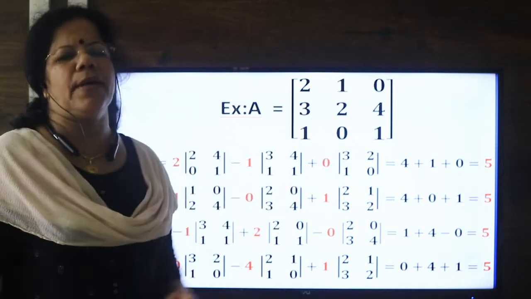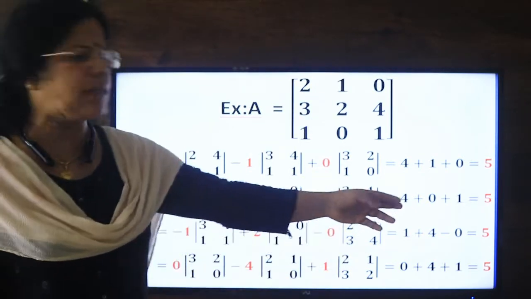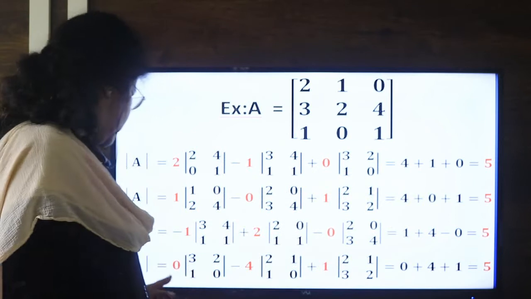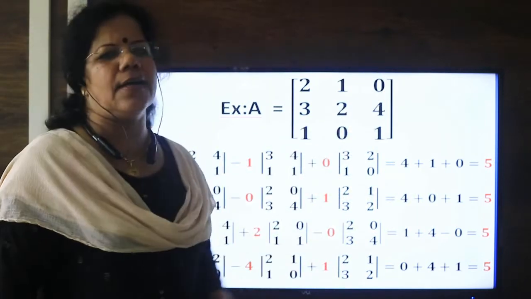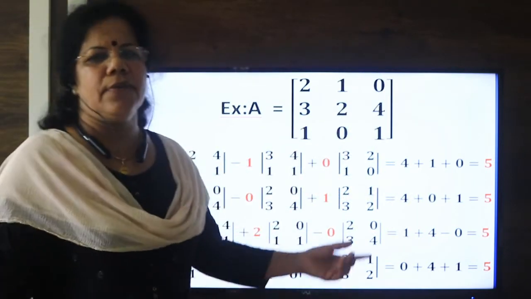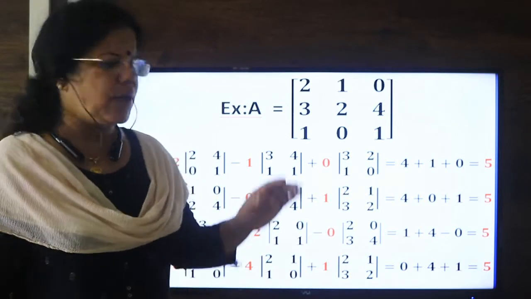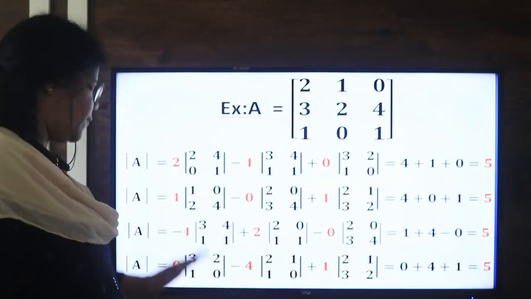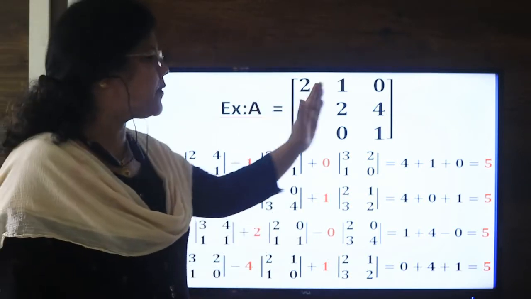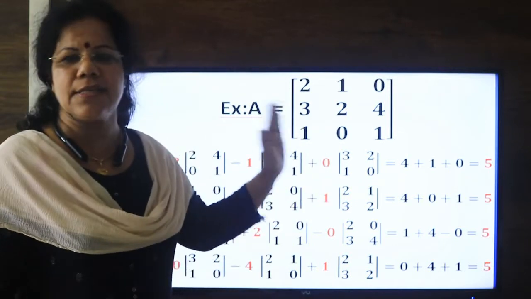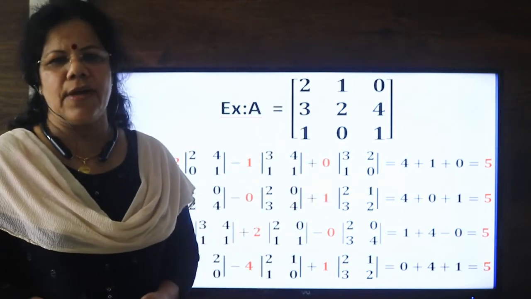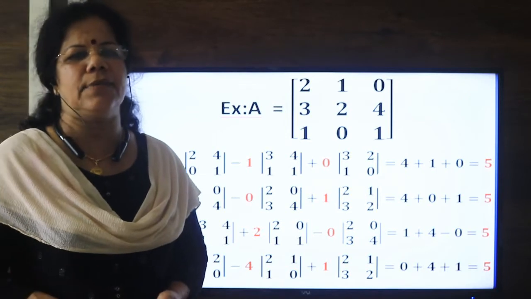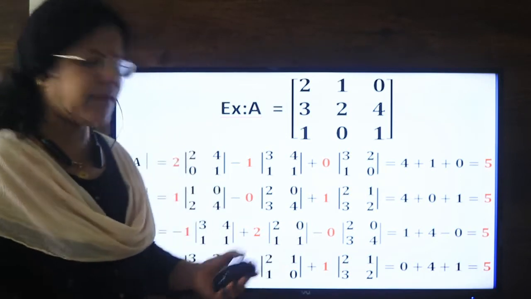Expanding using the second column, we have got the same 5. And 0, 4, 1, using the last column, we got determinant equal to 5. So I am telling you, here 4 different examples are taken using different rows and columns. There are 6 different ways you can evaluate the determinant. Any one you can prefer. Okay.